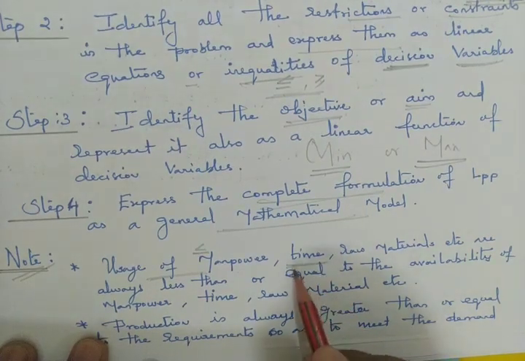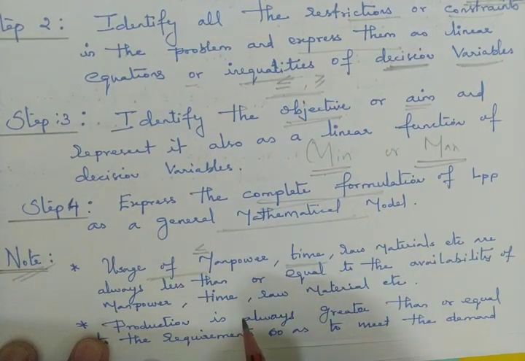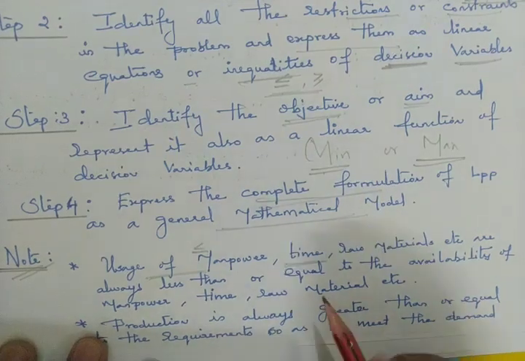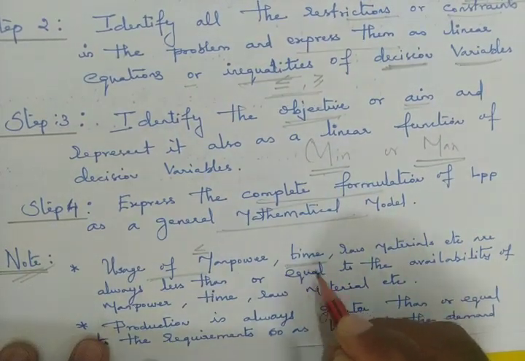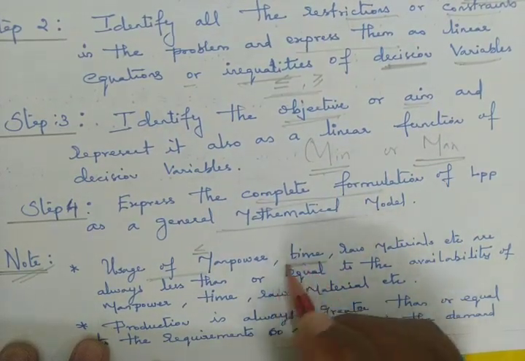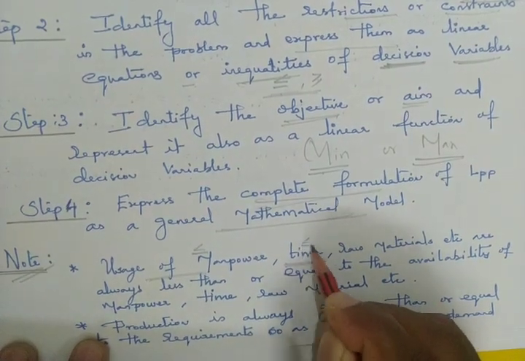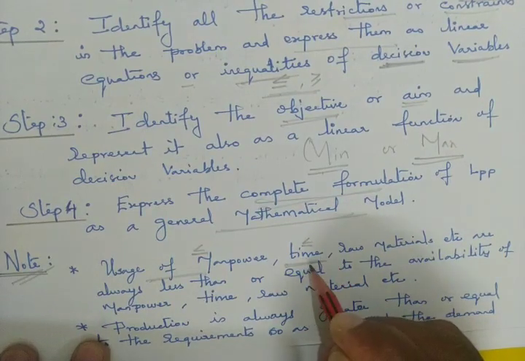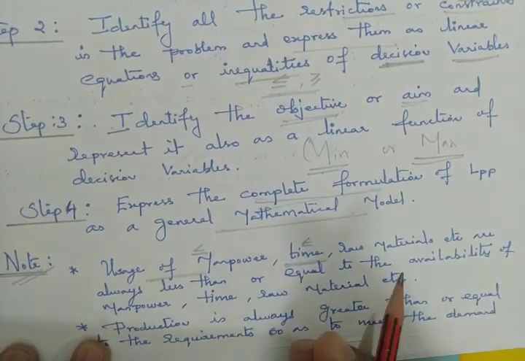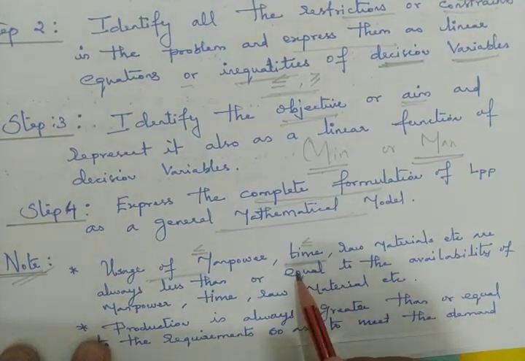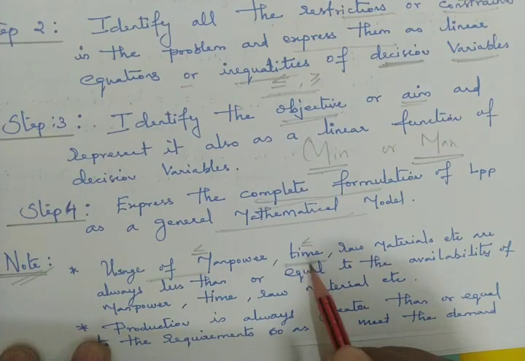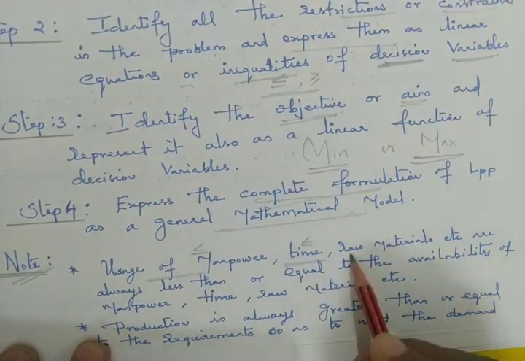If a time limit is given to complete the project, you have to complete the project within the given limit of 10 days or 10 weeks. In that case, you are going to use the inequality less than or equal. It means you can complete the problem within the time limit or in the exact time. You can't use more time than the fixed time. Raw material is in a similar manner.